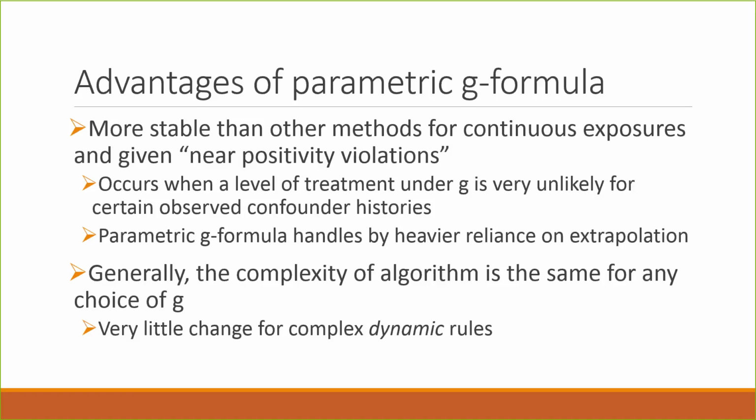So, for example, if you have a certain CD4 cell count history, it's very rare to be treated in the data, but not impossible. In those sorts of settings, methods based on IP weighting can be very unstable. And in the parametric g-formula, you can get stable estimates in this case, but again, going back to the disadvantages, you're doing this by relying more heavily on extrapolation, relying more on models to get around this.